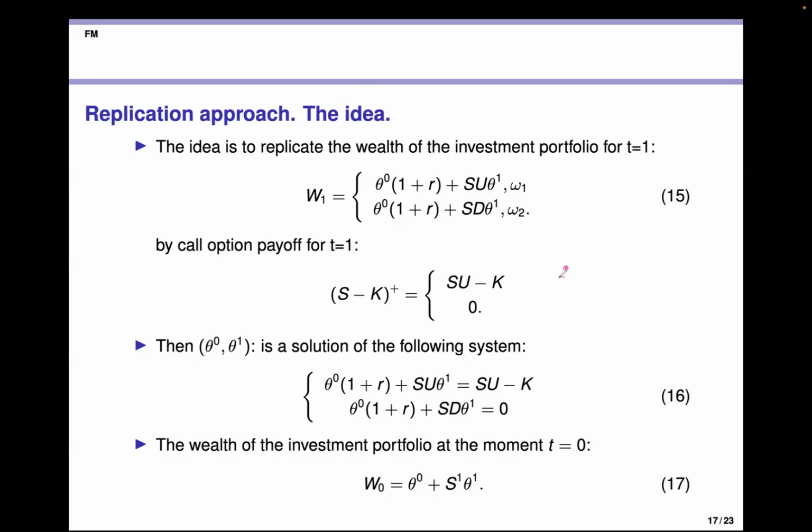So this is S multiplied by u, this is S multiplied by d, and we have K. What is K?